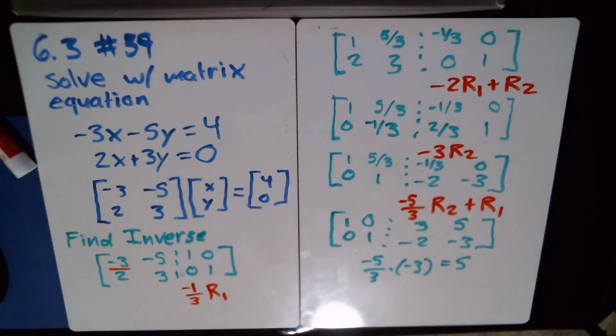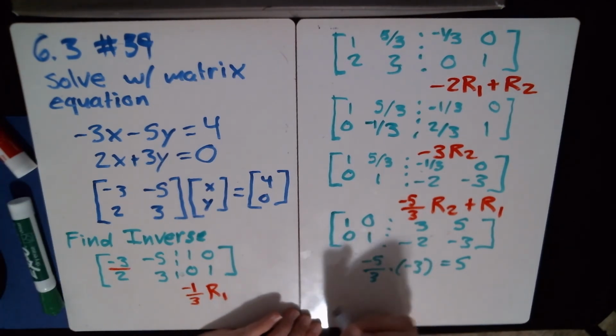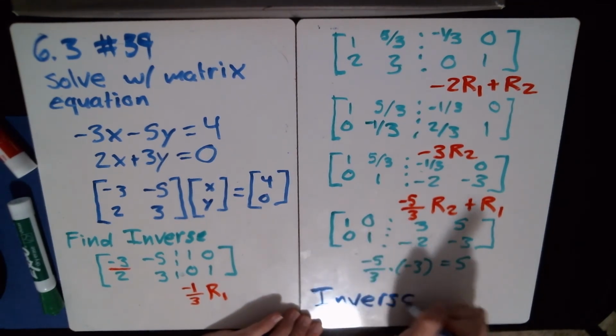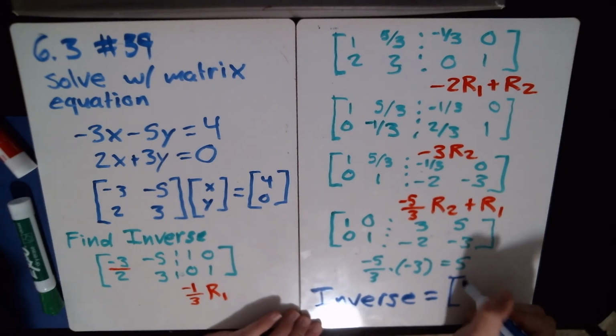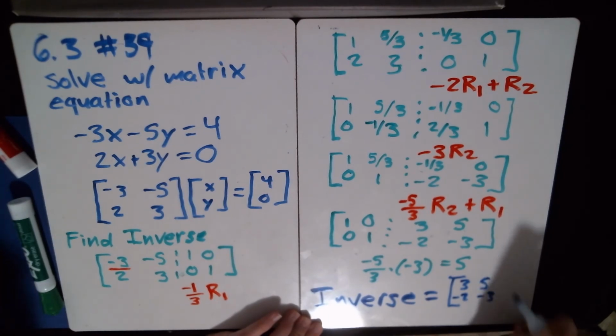Okay, so that's my inverse. We just figured out the inverse now. The inverse matrix was this: 3, 5, -2, -3.